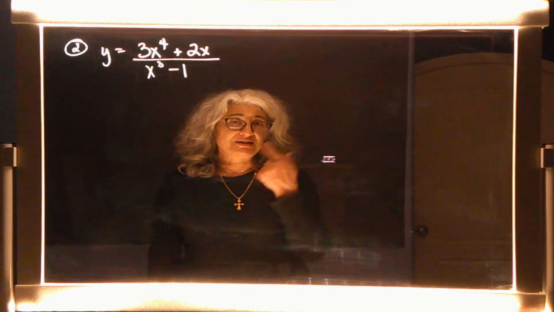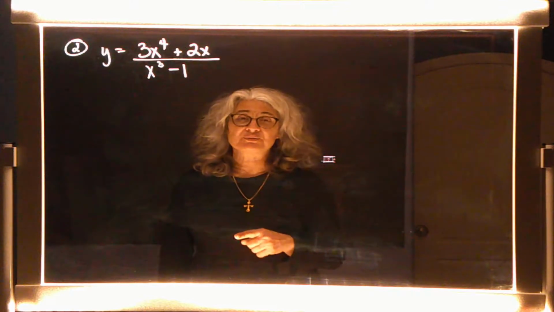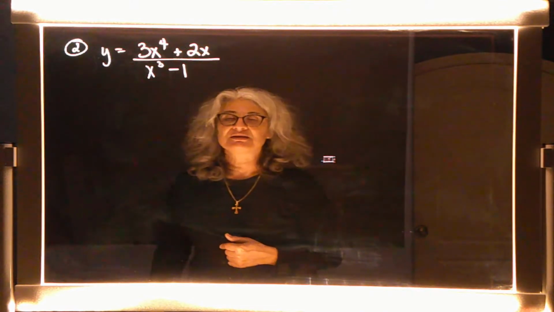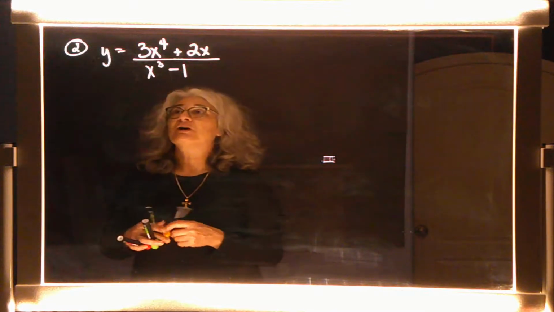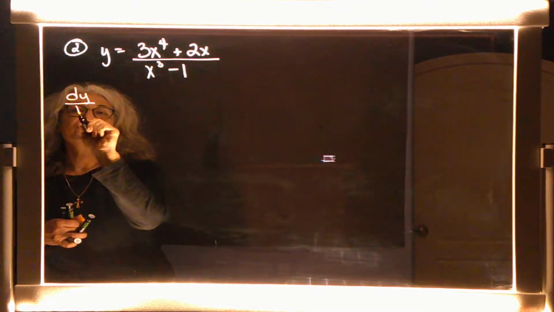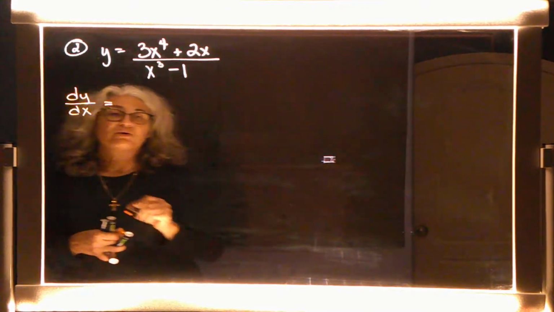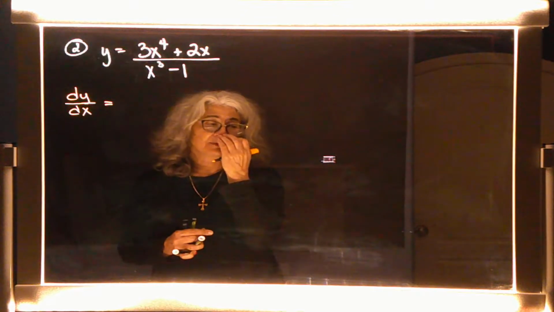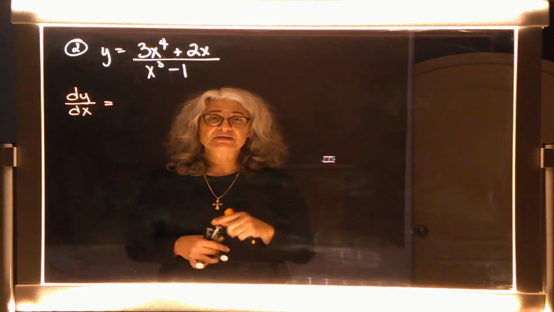All right, let's look at this next problem. Still taking the derivative, but now I'm given a quotient, right? Okay, so let's find the derivative of y with respect to x. Now, the quotient rule is very similar to the product rule. I didn't say exactly the same, I said similar.